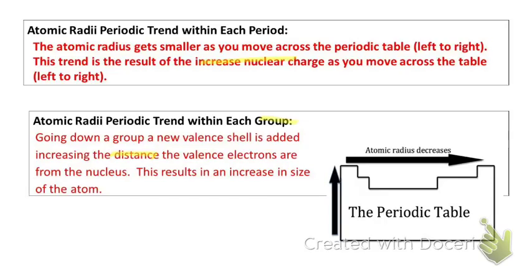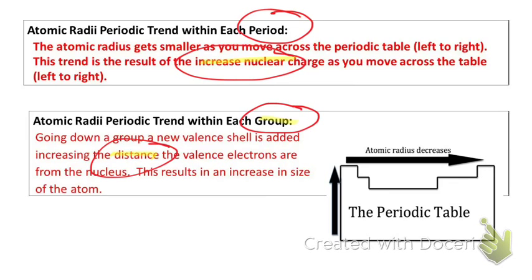So again, the trend that's happening within a period is influenced by the increase in nuclear charge, and the pattern or organization that we see with the size of an atom within a group is based on the distance. And so you need to put those two together, and you're going to begin to understand how the periodic table works and understand the properties of elements.